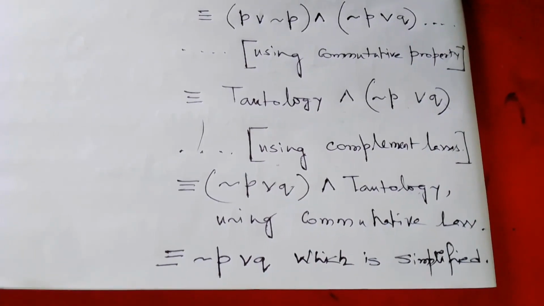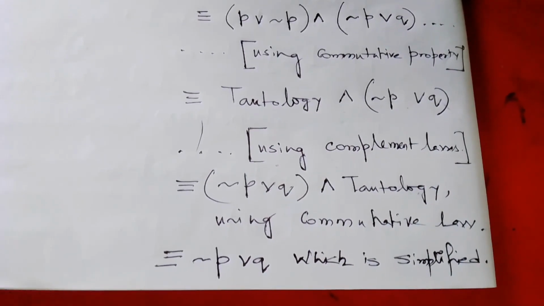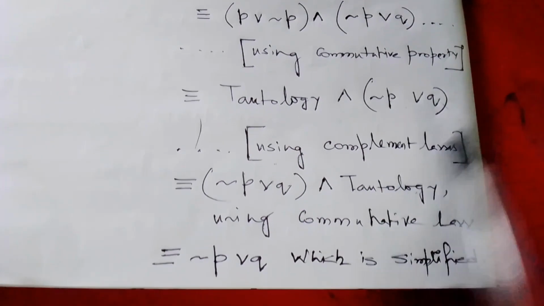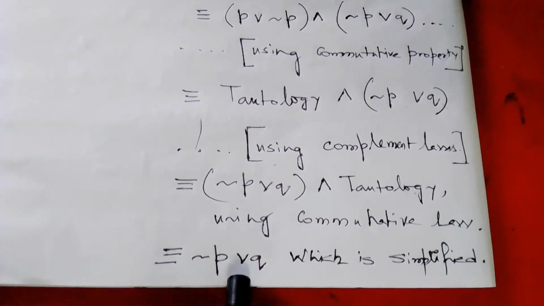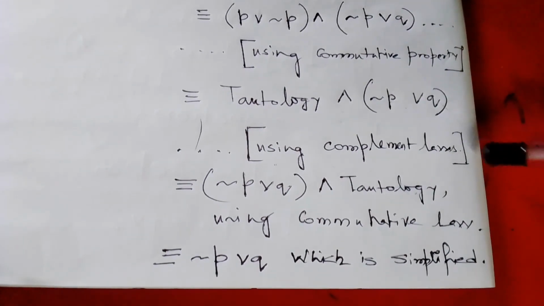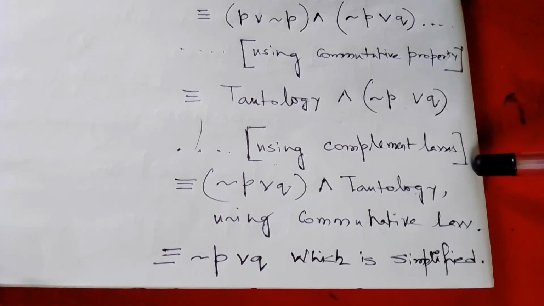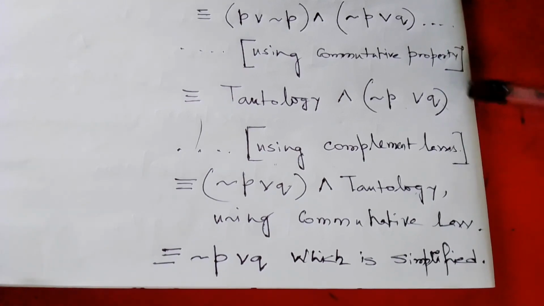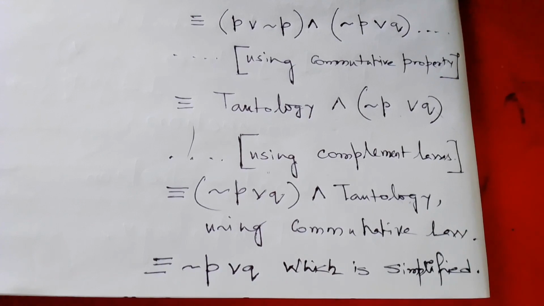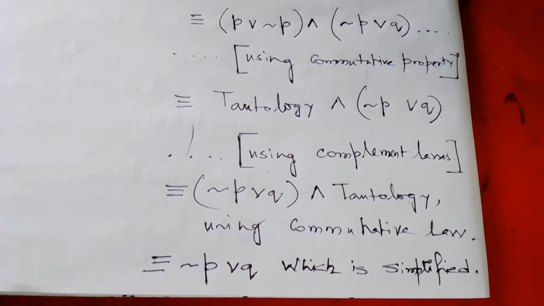So we can see how a compound proposition has been simplified into this proposition by using those algebraic laws of connectives. So here we can say that we can simplify any compound proposition into its simplest form using those algebraic laws of connectives.